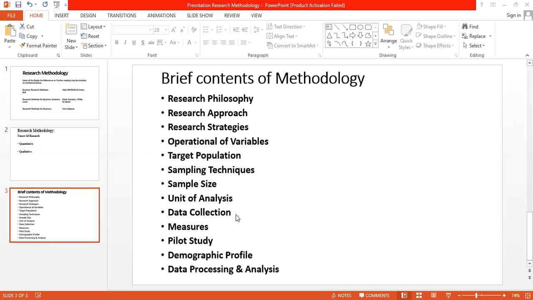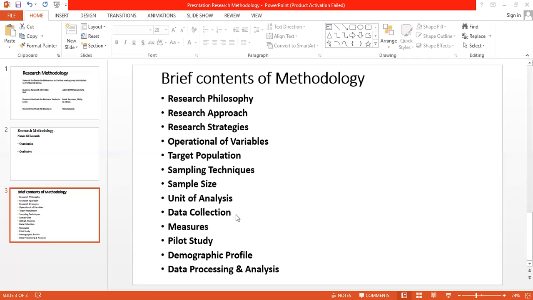The time you spend and the money you spend are all wasted. In a pilot study, you conduct 30 or 50 responses, which is the sample size normally used. A mini study or mini project before the main study is known as a pilot study.